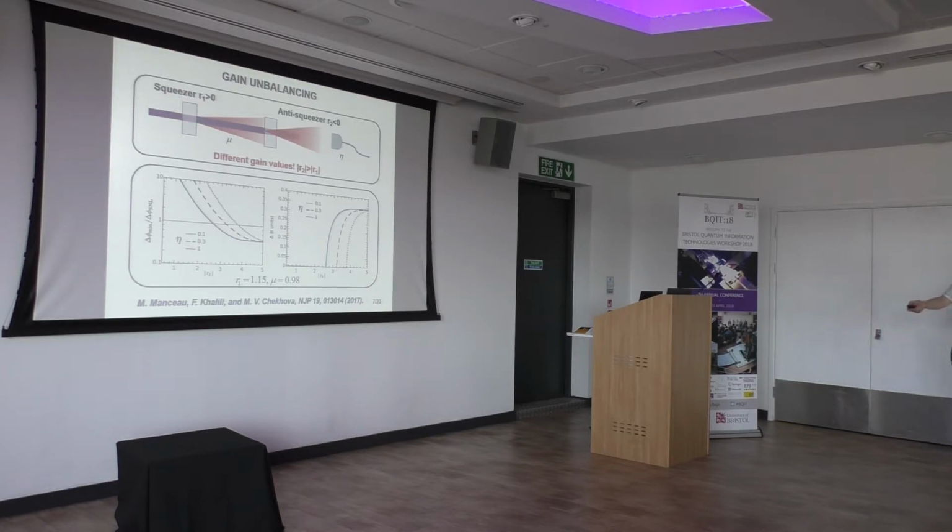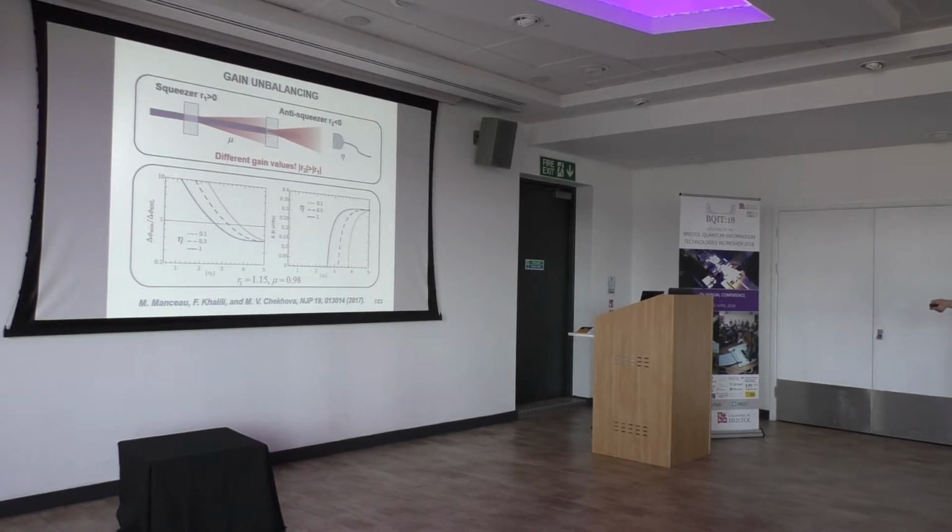The first plot shows the phase sensitivity versus the gain of the second crystal. The blue curve is for quantum efficiency 100%, unity, and depending on the gain, of course, we reach some limit of phase supersensitivity. But for worse quantum efficiency, things are not so good.